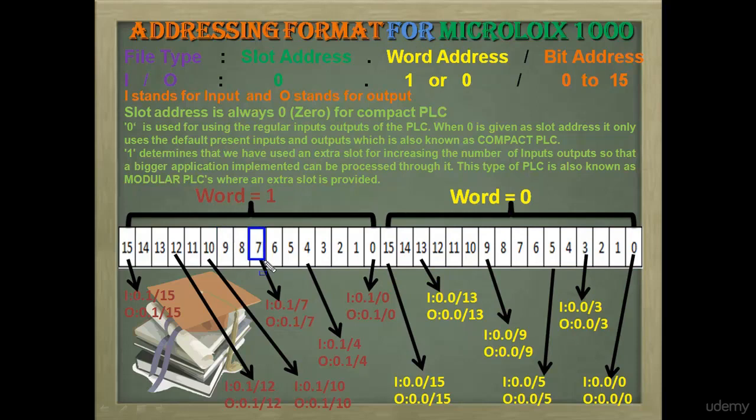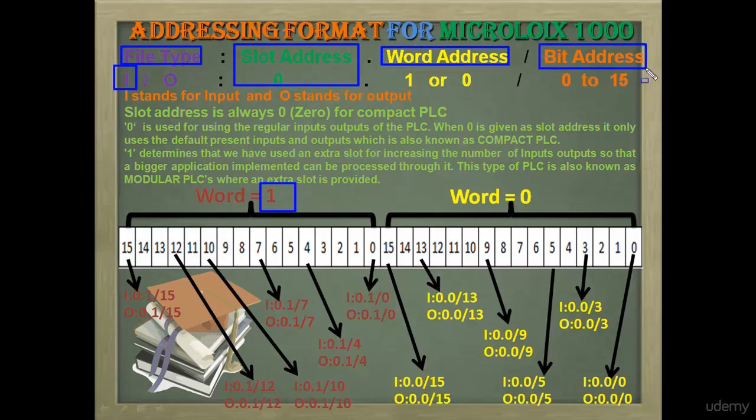Addressing for the bit 7. Now it is in word 1. So for the input, file type is I, slot address is 0, word address 1, and bit address is 7.